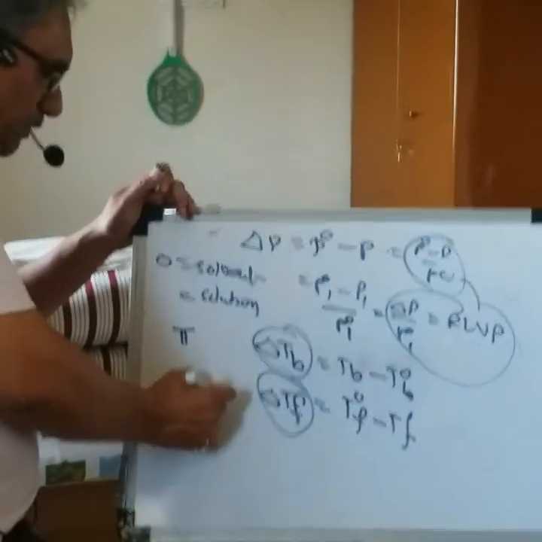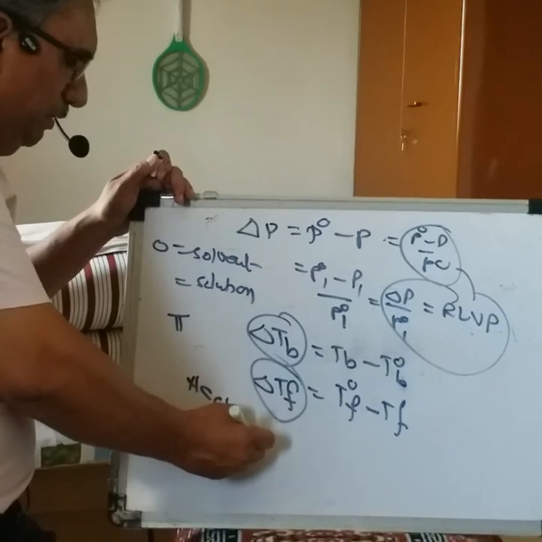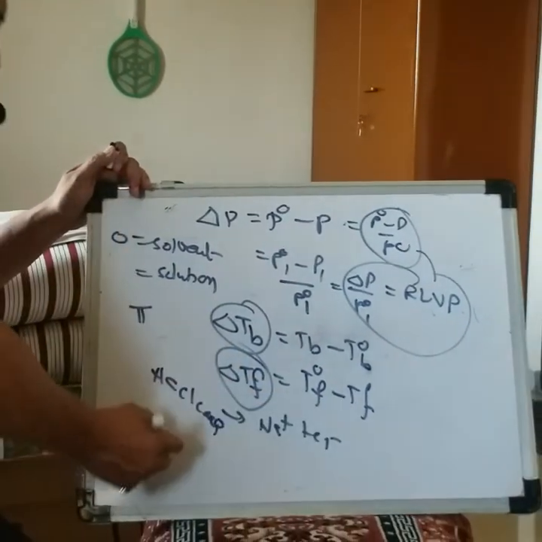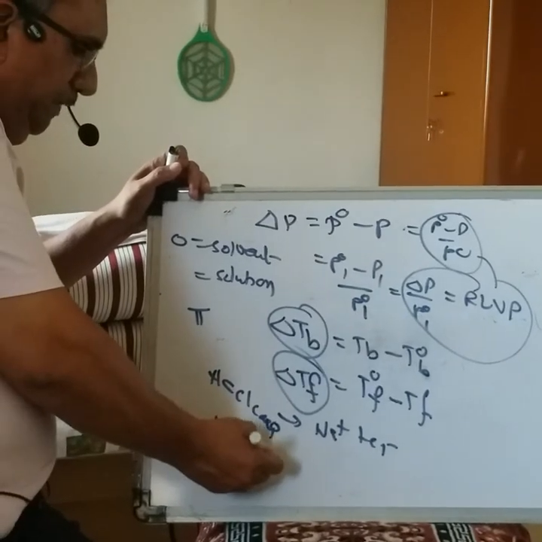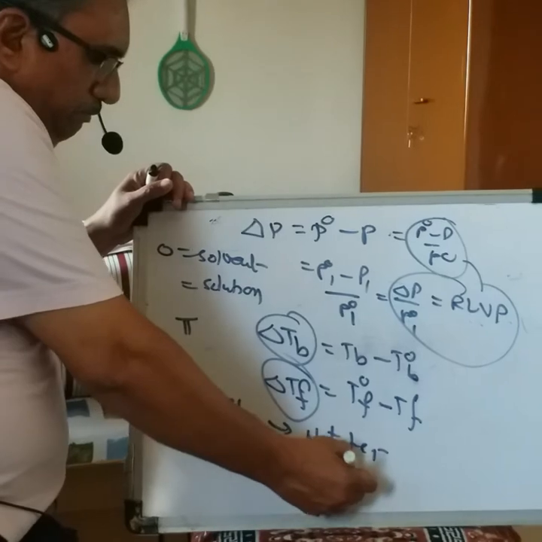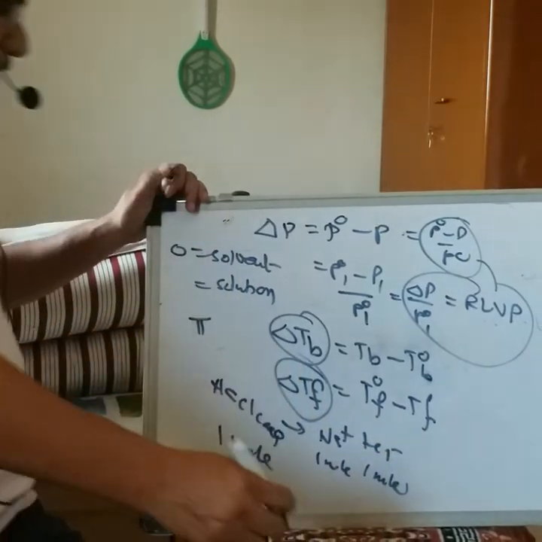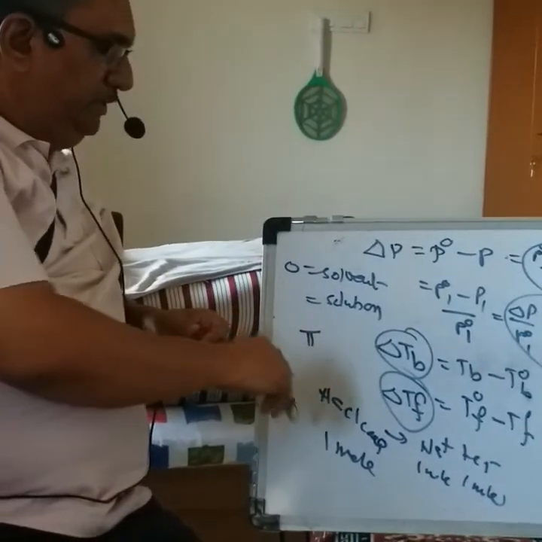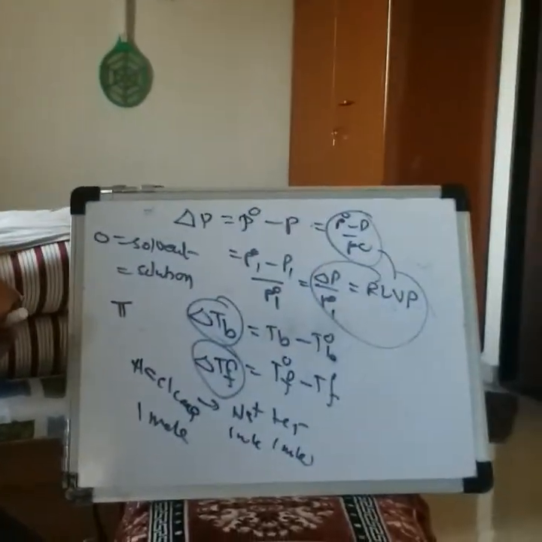For example, NaCl when dissolved produces Na plus and Cl minus. Here we have NaCl in solid form, 1 mole, but when its solution is prepared, both have a separate 1 mole. This is called dissociation or ionization.